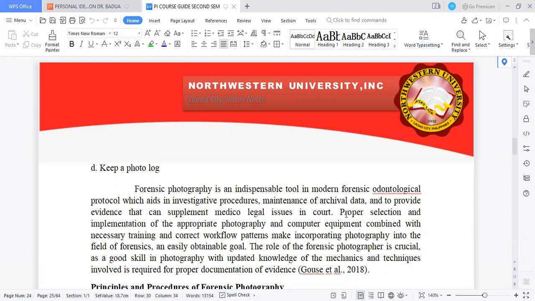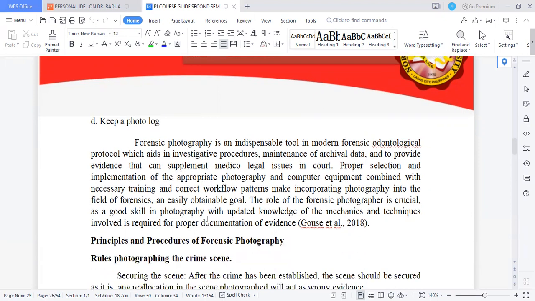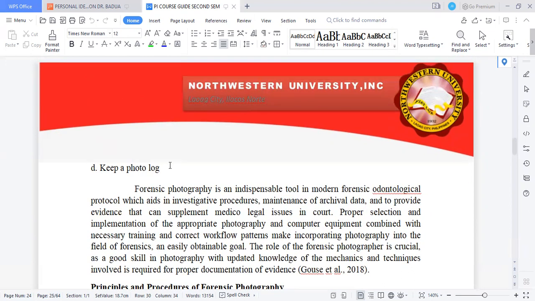You have to make the recording process, proper selection and implementation of the appropriate photography and computer equipment combined with necessary training and correct workflow. So you have to be skilled also when you are assigned as photographer at the crime scene.